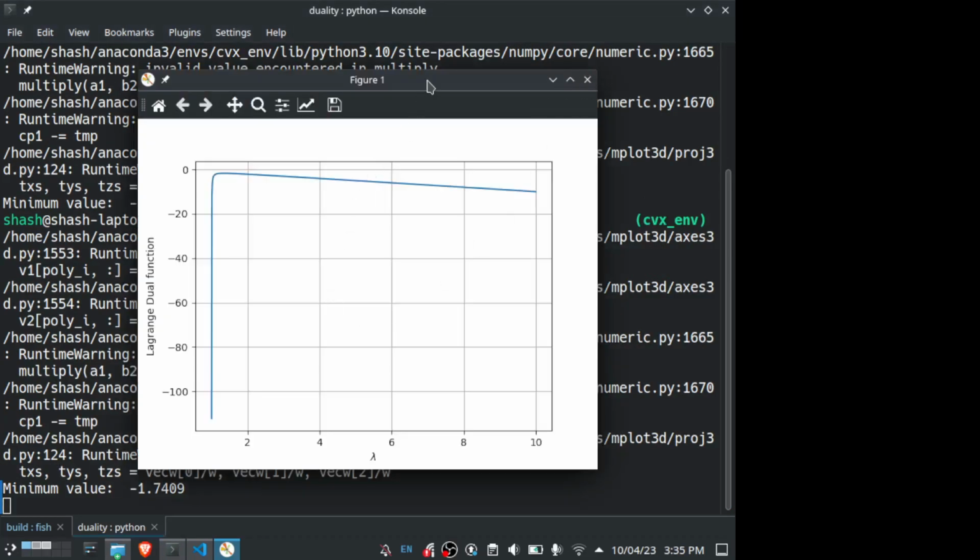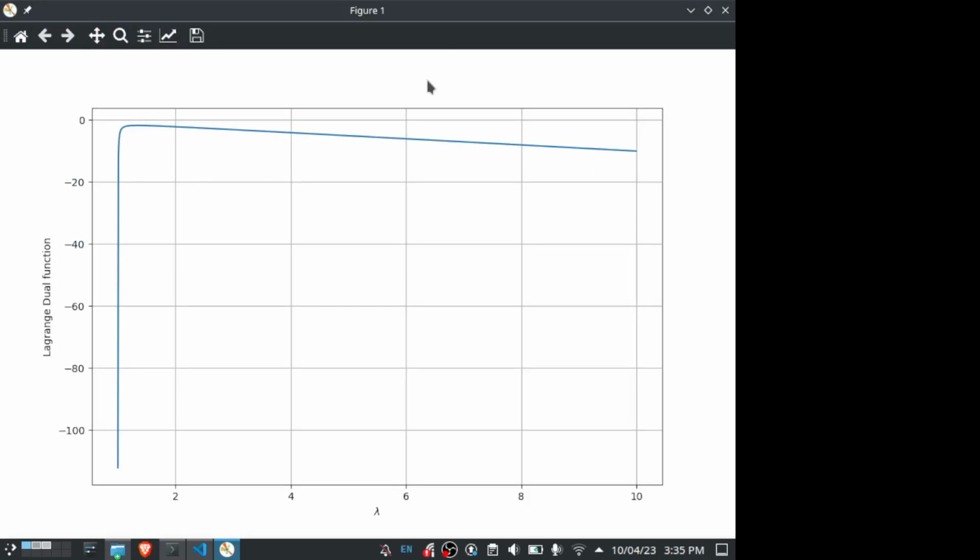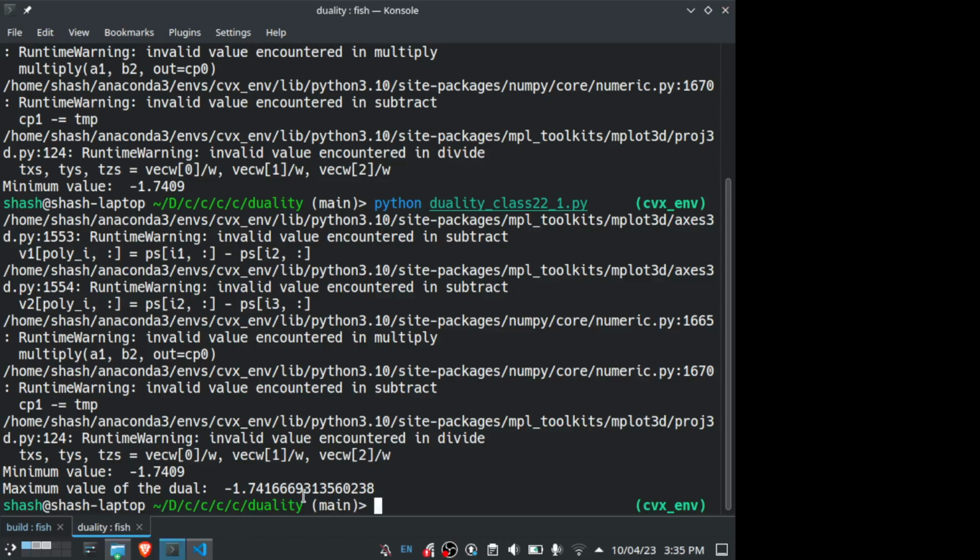Alright, so this is what the dual function would be. It's concave, right? As the dual function is always guaranteed to be concave, the maximum value is still roughly the same, 1.74 something.